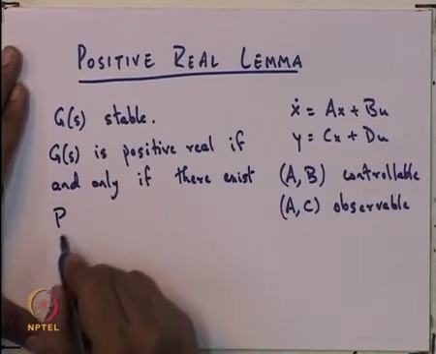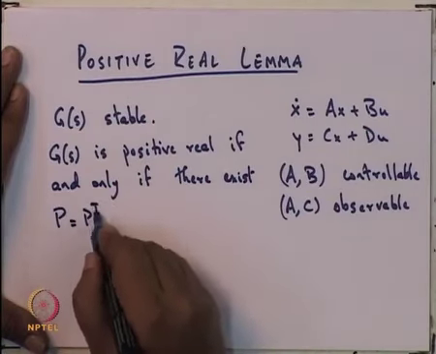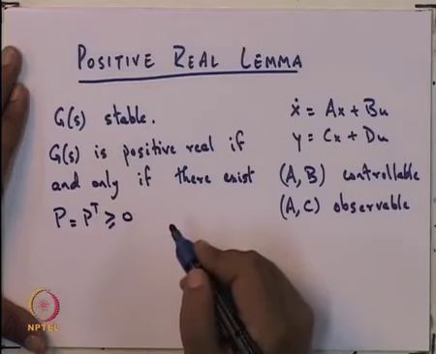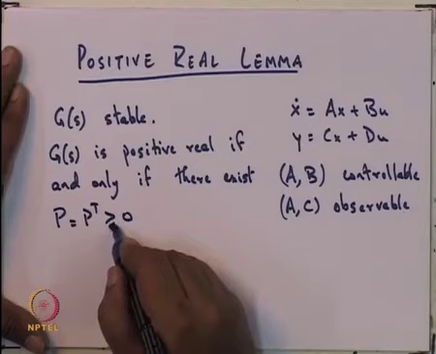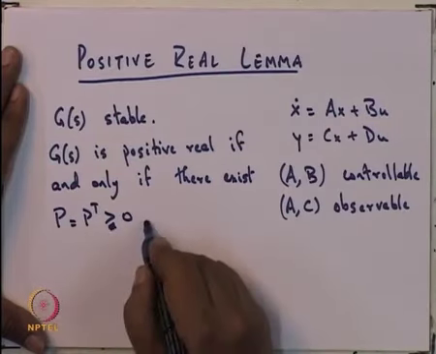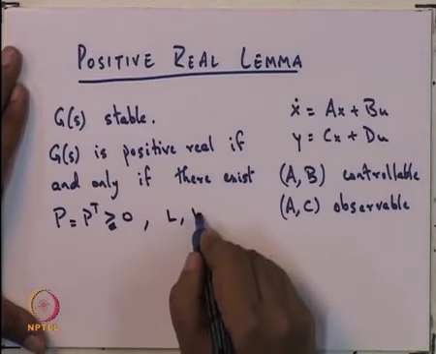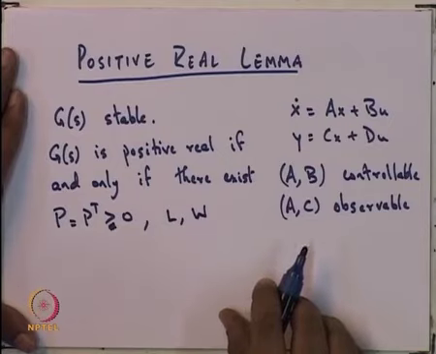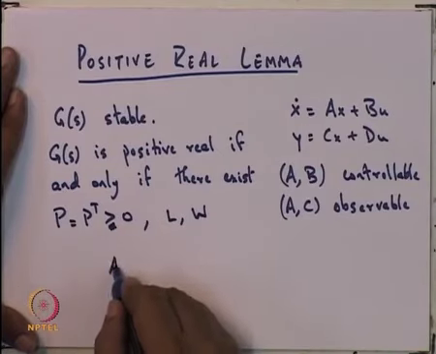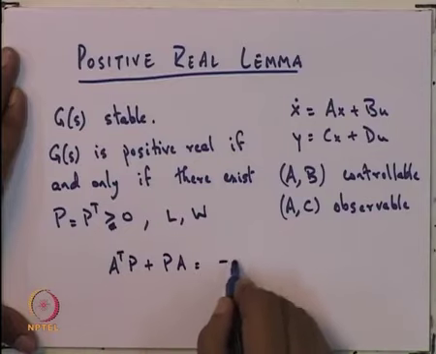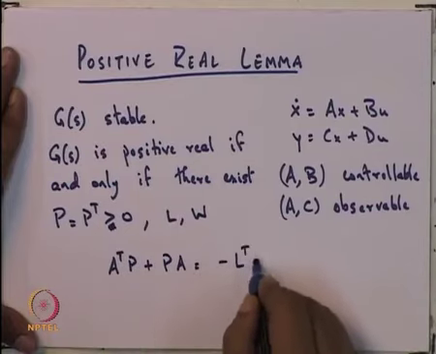The first one, P, is a symmetric positive semi-definite matrix. In fact, most of the time you are talking about a symmetric positive definite matrix P, and two other matrices L and W, such that the following three equations are satisfied. The first is A transpose P plus P A is equal to minus L transpose L.